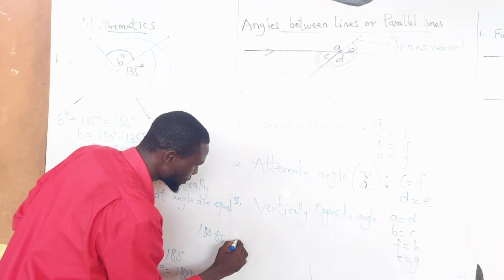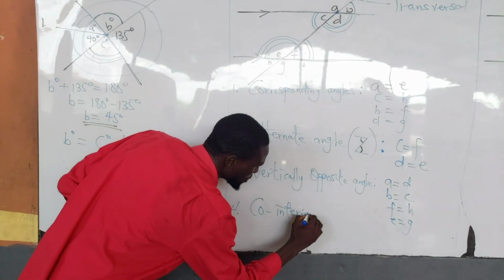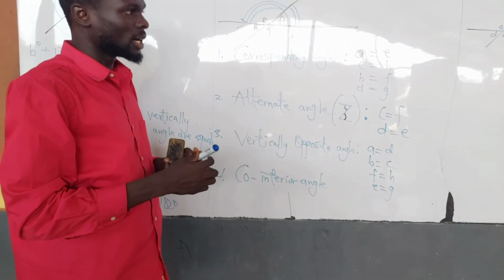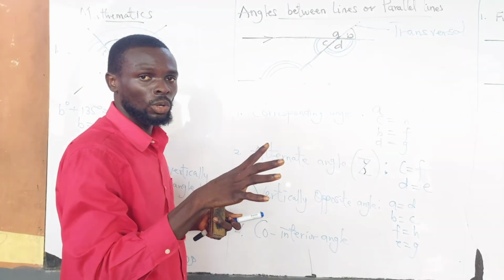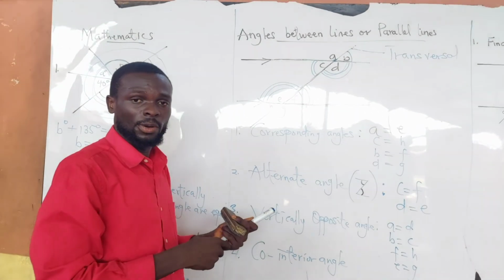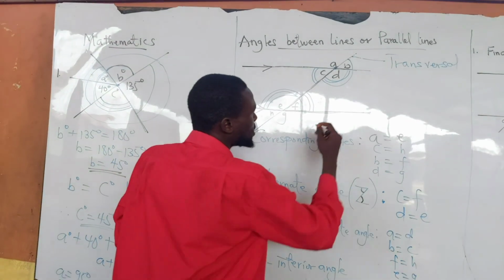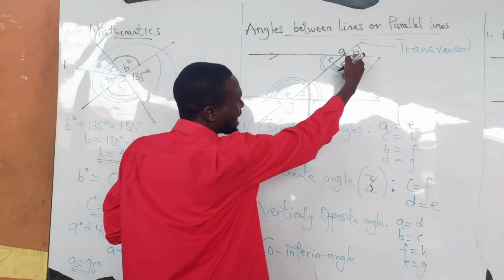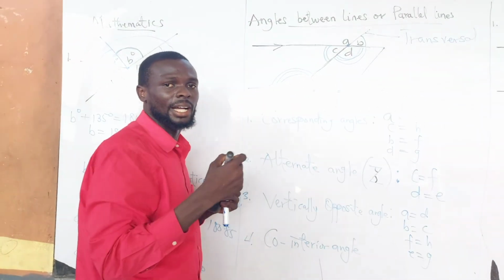Then the last one, which is co-interior angles. With the co-interior angles, they do not apply to any of this. For them, they are not equal. Now, when we say co-interior, it means they are inside. So, assuming we close the shape here, you will see that the D and the F here happen to be interior angles.